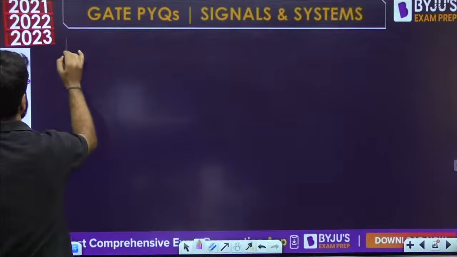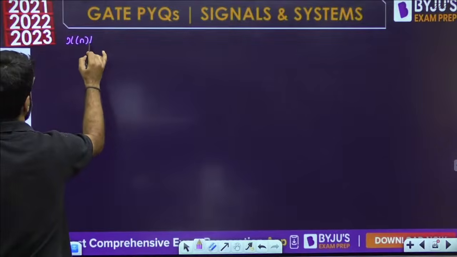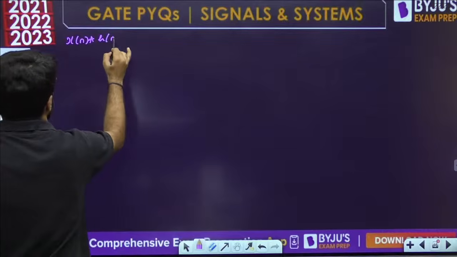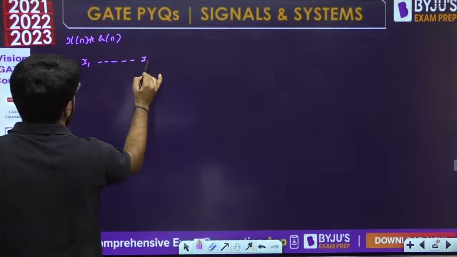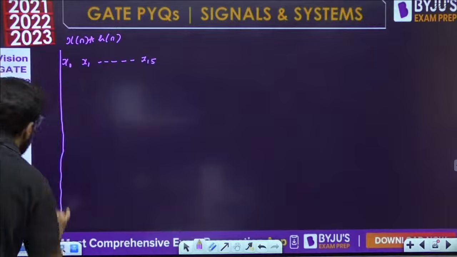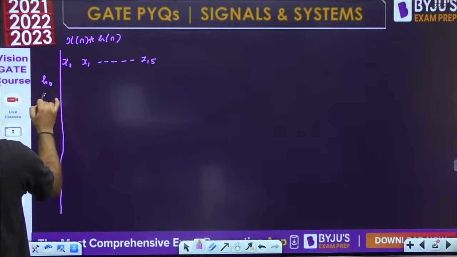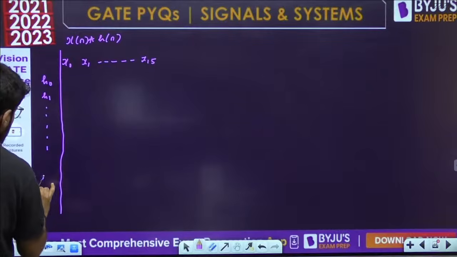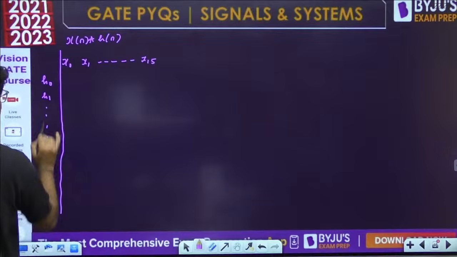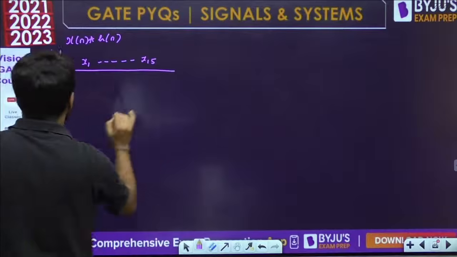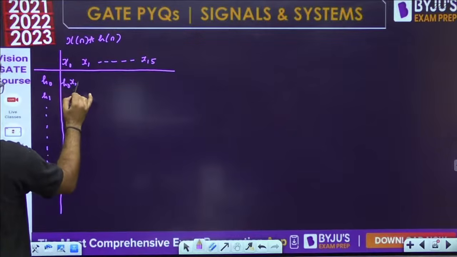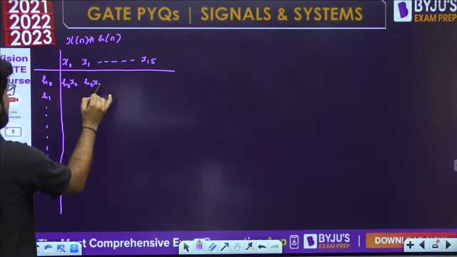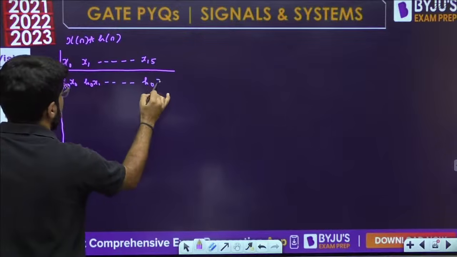First, the regular convolution, the sum by column method, the tabular method. I'll write down x0 to x15 on one side, and on the vertical side I will write h0, h1 up to h15. I will multiply the first row, h0, with all elements: h0x0, h0x1, etc. up to h0x15.